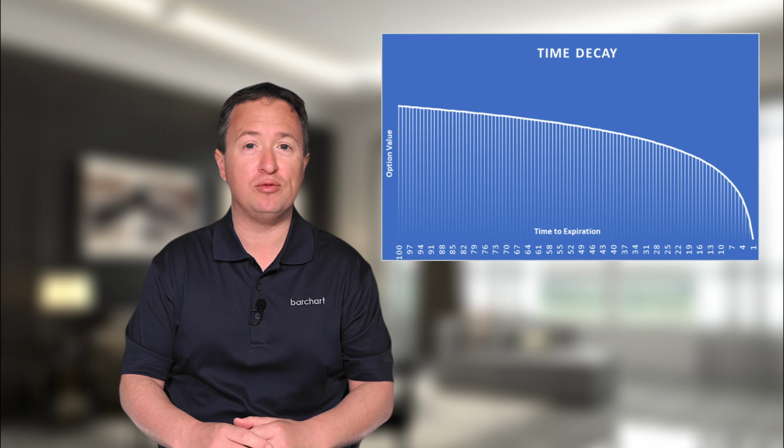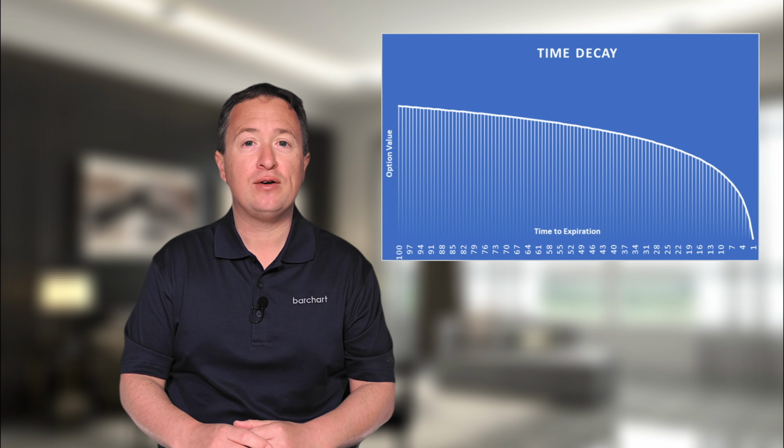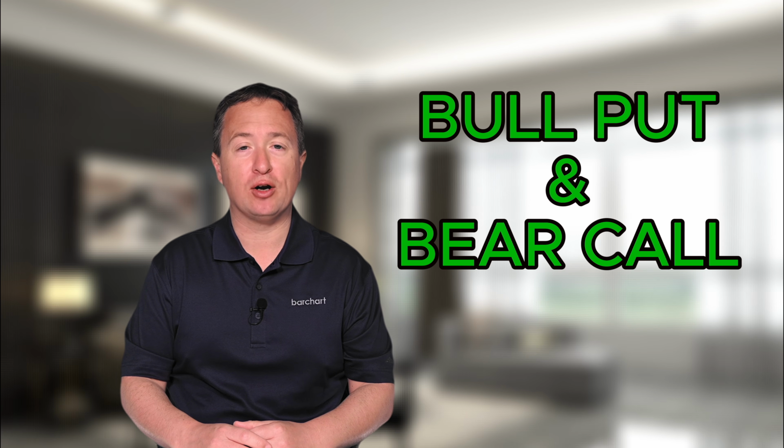And compare that with a credit spread, such as a bear call, which collects a premium up front and profits as long as the stock stays below the short call strike price. Well, it'll benefit from time decay rather than price movement alone. Now, there are two types of credit spreads, the bull put and the bear call.